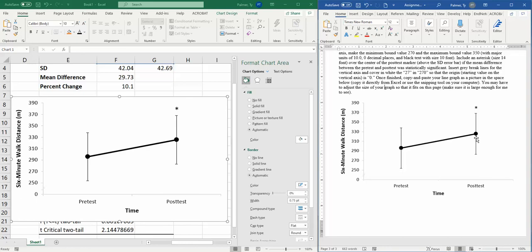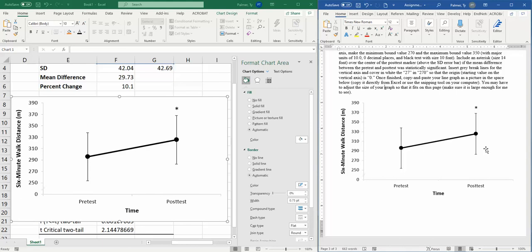What do I mean by that? Let's take our example here. Because we found that this exercise program was effective, because we found a significant difference between the pre-test and post-test, we can conclude that the exercise program was effective at improving 6-minute walk distance. Now, for future COPD patients, we can prescribe that same exercise program to help improve 6-minute walk distance in those folks.